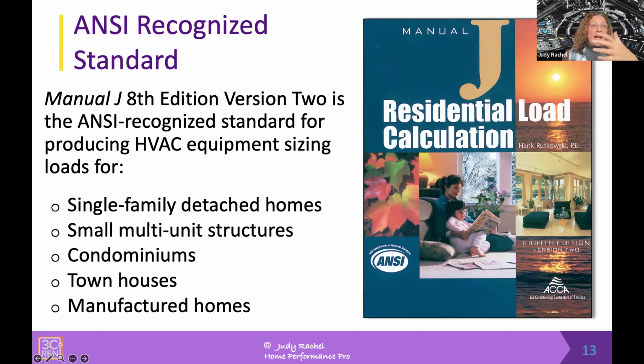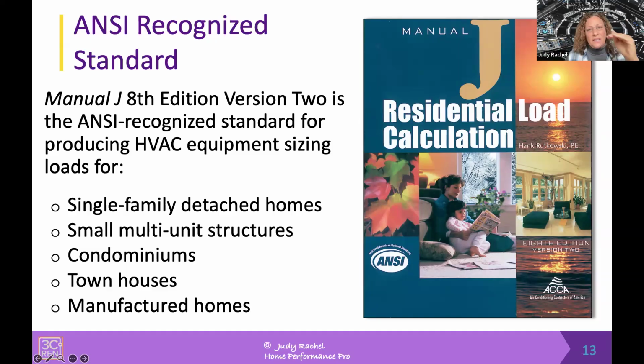So ACCA Manual J is actually the only load calculation procedure that is ANSI recognized. It's really the only kind of complete procedure that walks us through managing to get a load calculation done. ASHRAE has an amazing book, their Handbook of Fundamentals, which explains the entire process and everything that's going on and how to figure out the math.